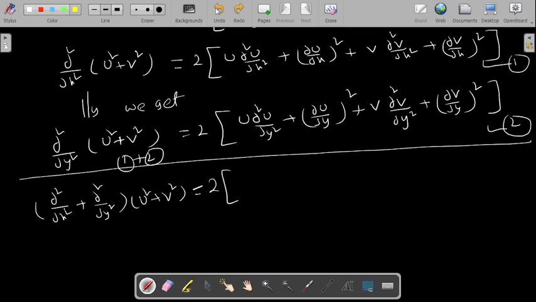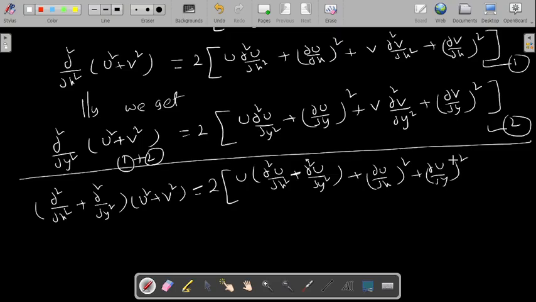Okay, next in these two, u common. So what will we get? u common, ∂²u/∂x², next ∂²u/∂y², u common from these two. Okay, you got this. Next plus (∂u/∂x)² and (∂u/∂y)², these two.